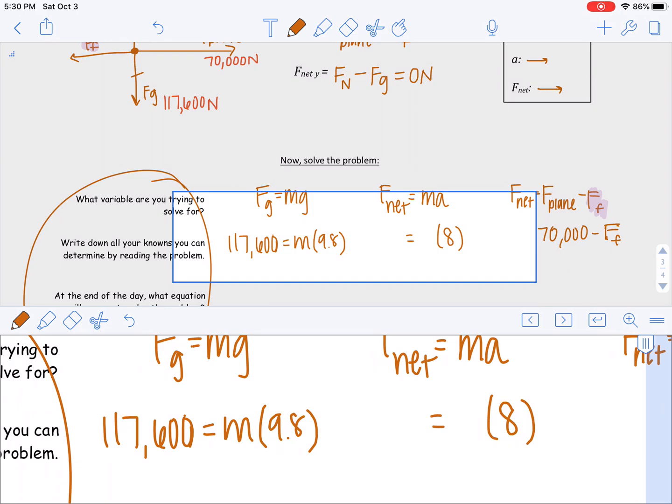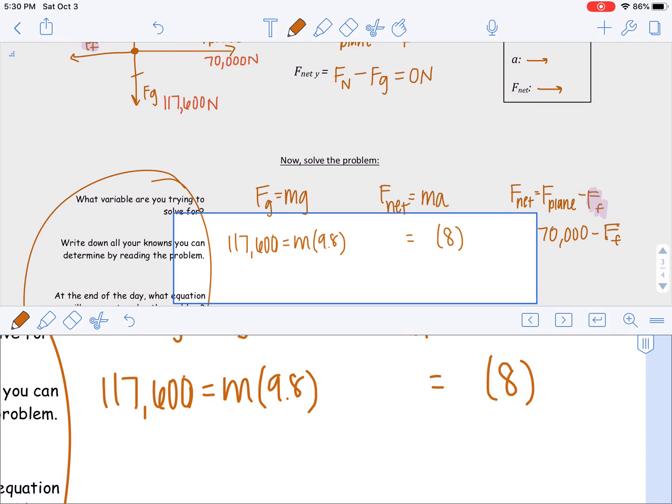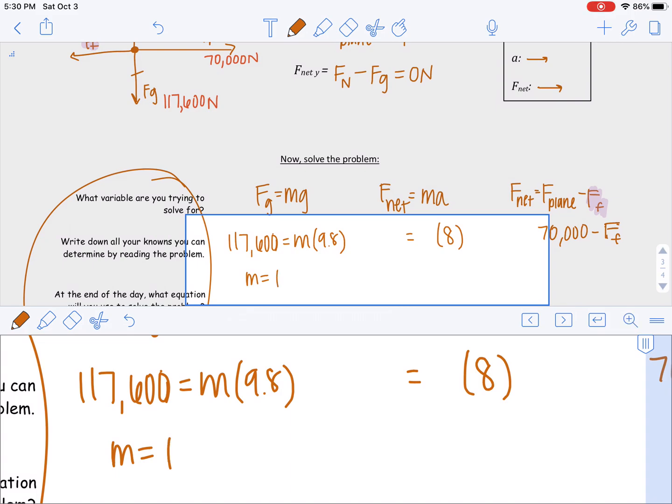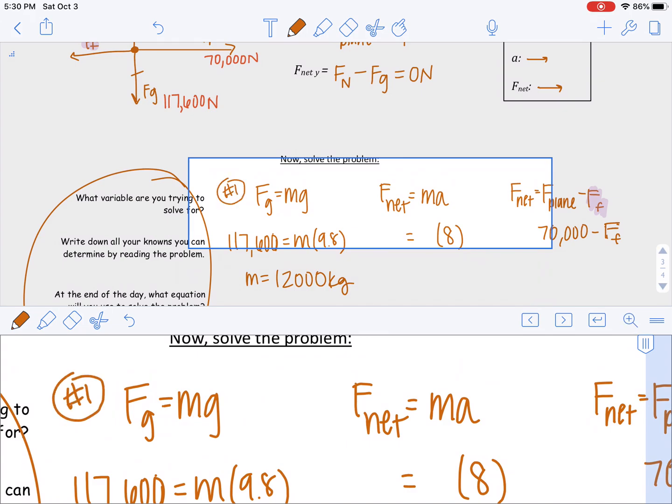So I'm going to start with Fg equals mg so I can solve for mass. If I can solve for it, I might as well solve for it. I just plug this into my calculator and I get a mass of the plane as 12,000 kilograms. So this was my step 1.